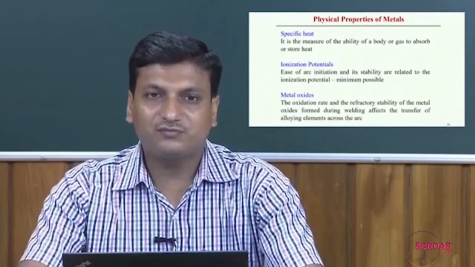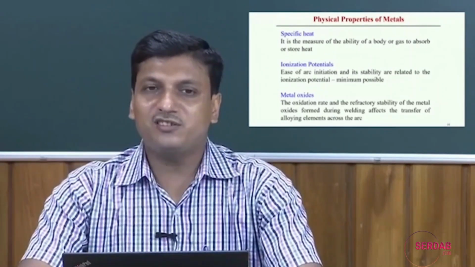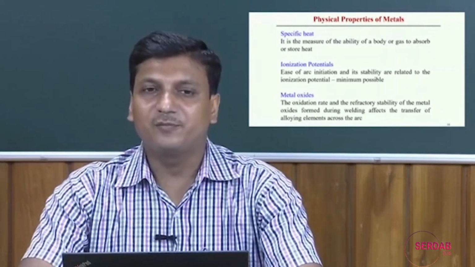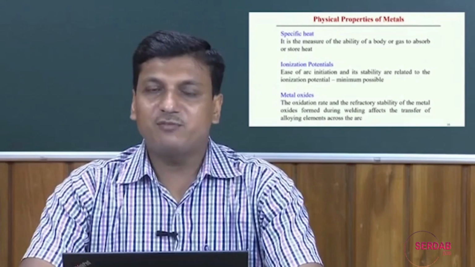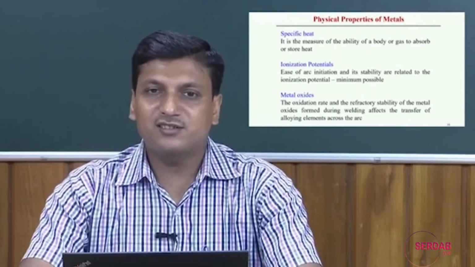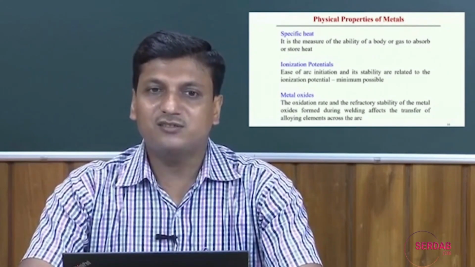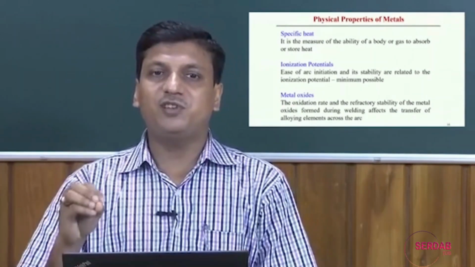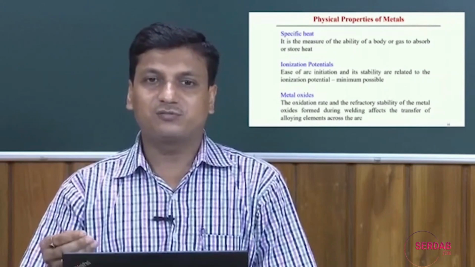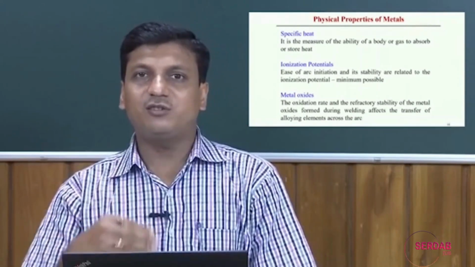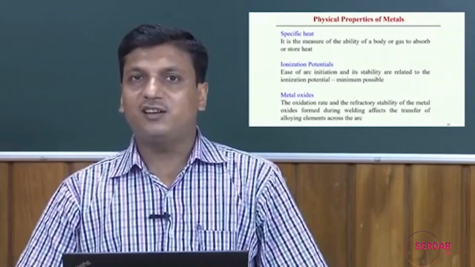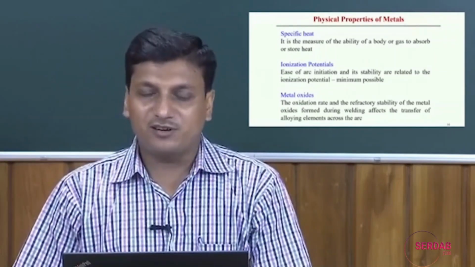Metal oxides. Of course, the oxidation rate is another critical problem in the welding process. So, for different materials the oxidation rates are different, and the refractory stability, the stability of the metal oxides during the welding, basically affects the transfer of the heat from any source, and it also depends on the different alloying elements of the parent metal.